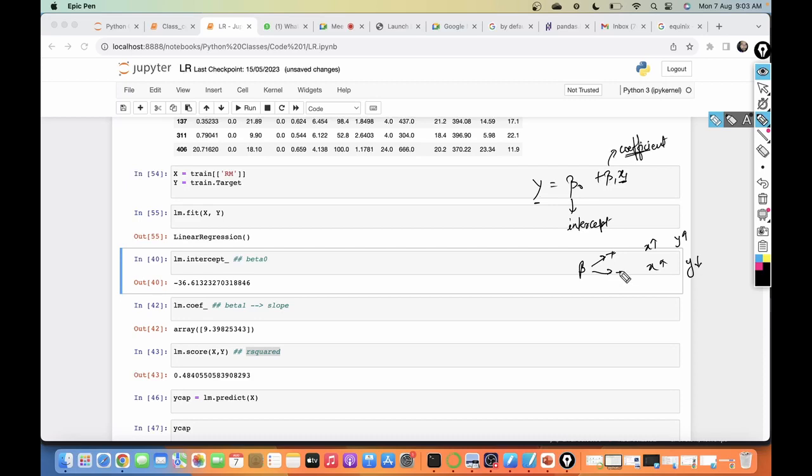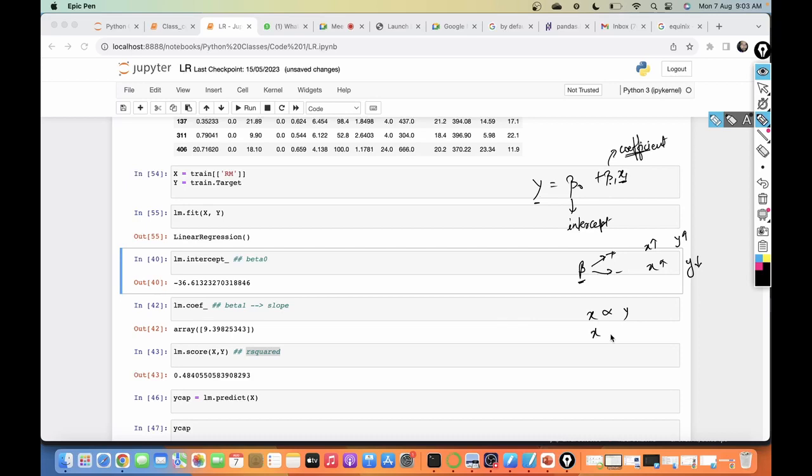It also establishes the relationship that if beta is positive, x is directly proportional to y, and the coefficient with x is that constant value, beta 1.